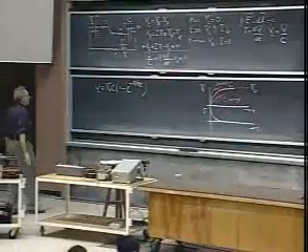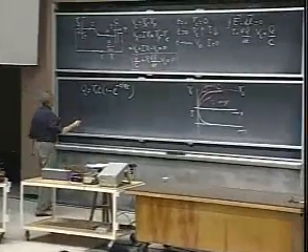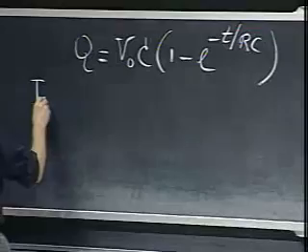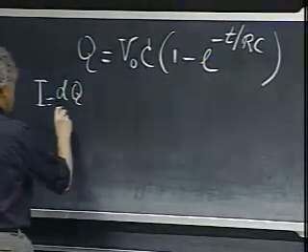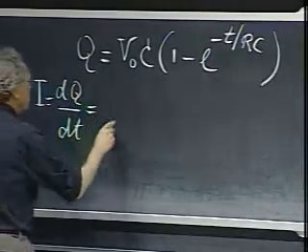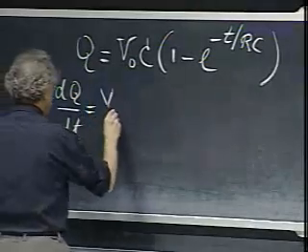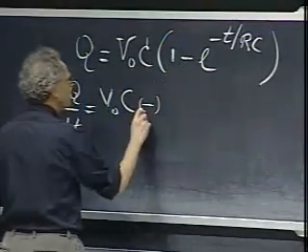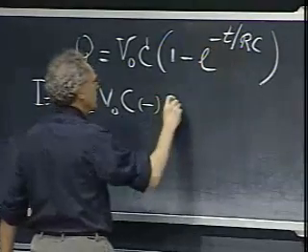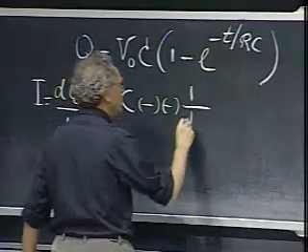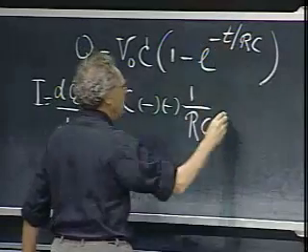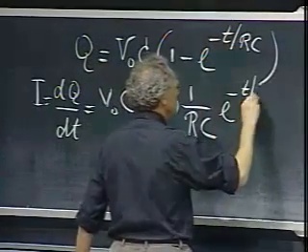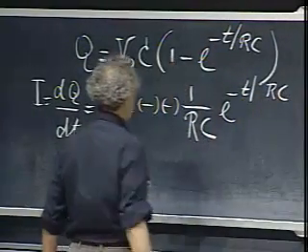If I take the derivative of this Q, then I have I, because I is dQ/dt. So I, which is dQ/dt, then becomes V0 times C. I get a minus sign, I get another minus sign, then I get 1 over RC, and then I get e to the minus t divided by RC.